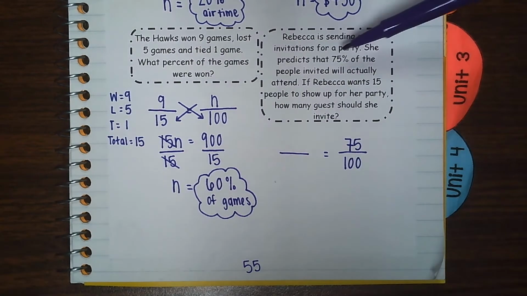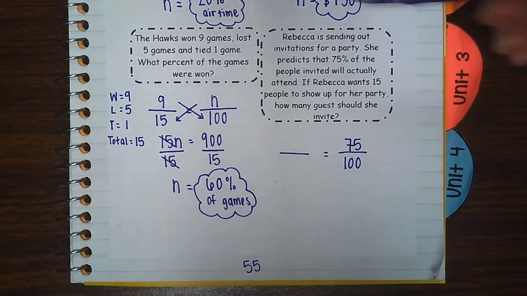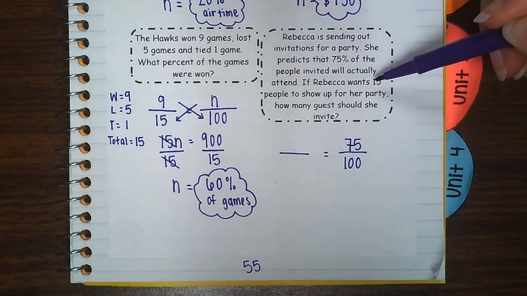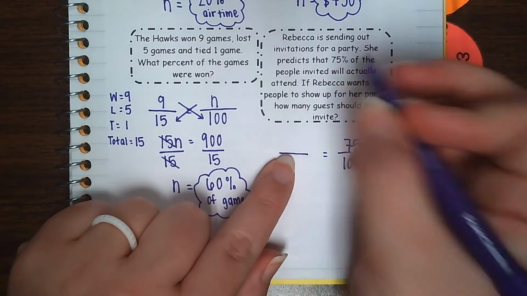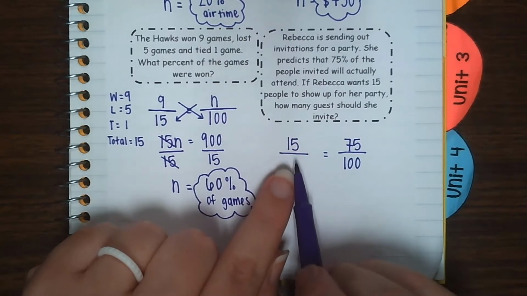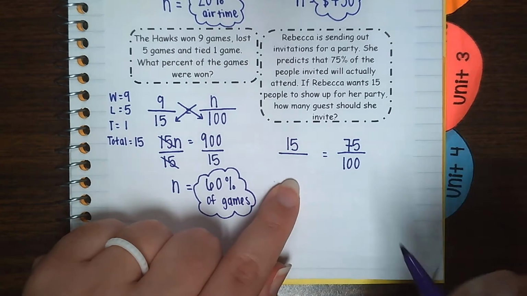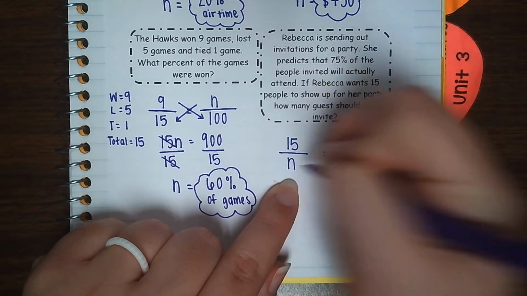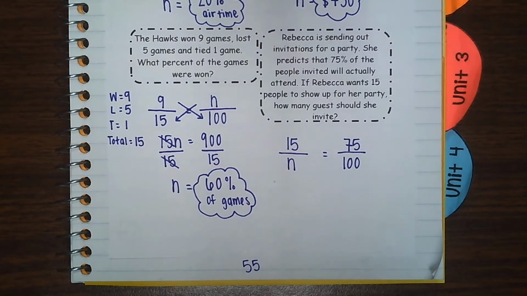Well, we're predicting that 75% of the people we invite will show up, and she wants 15 people to show up. So 75 is parallel with 15. She's going to need to invite more people if she wants 15 to show up. So we're trying to figure out how many people should she invite.